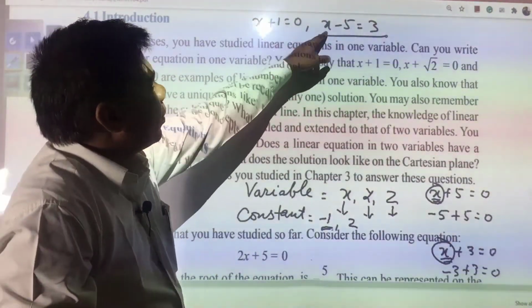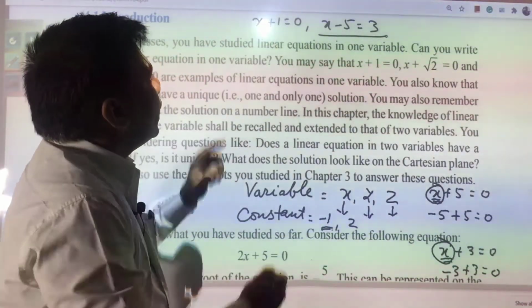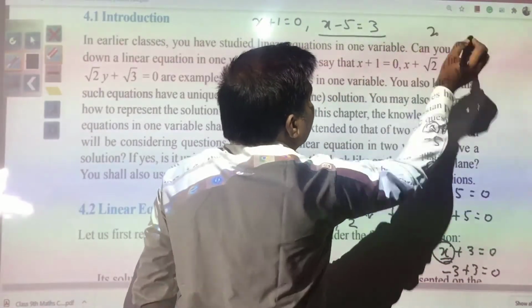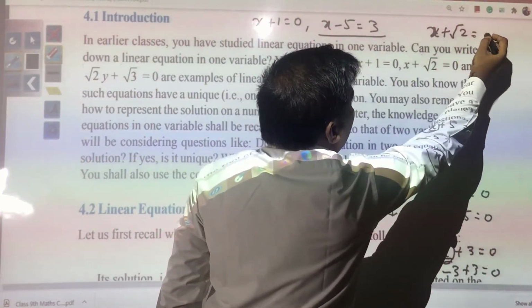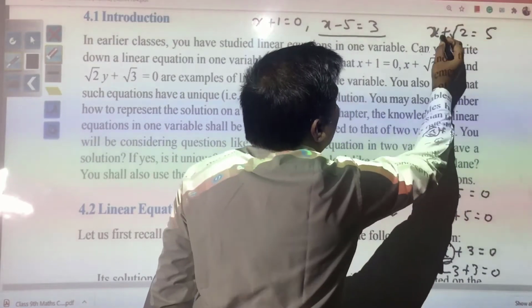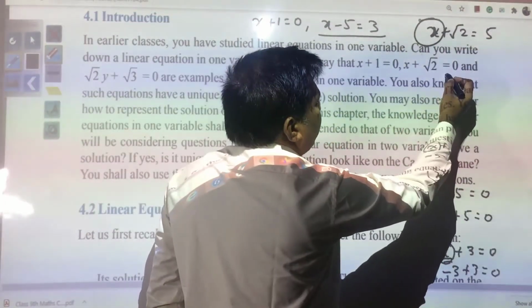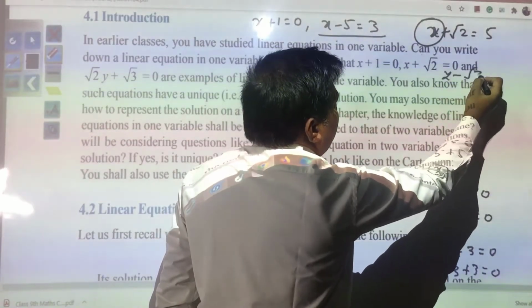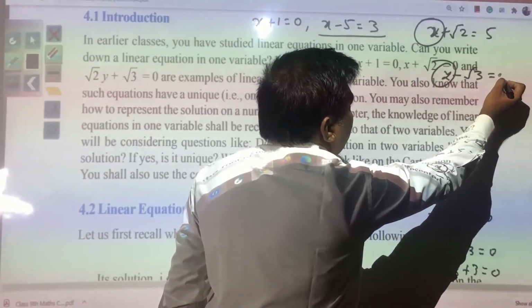Suppose in these two equations you have the variable term x. It may happen that x plus root 2 is equal to, suppose, 5, so here you have the variable term x. Suppose you have y minus root 3 is equal to 0, so the variable term is y.